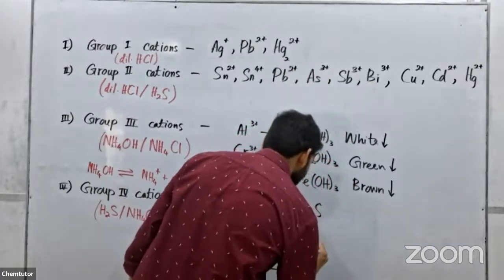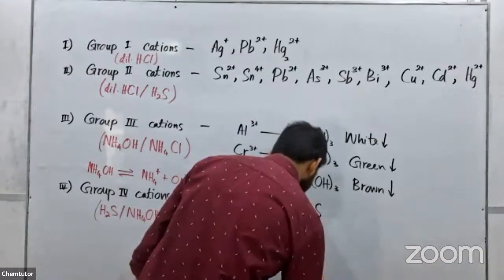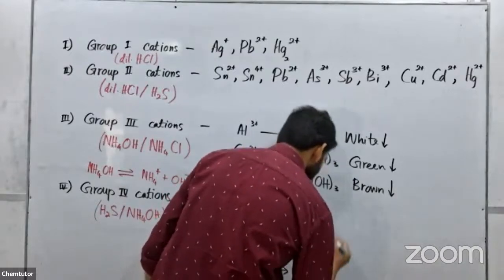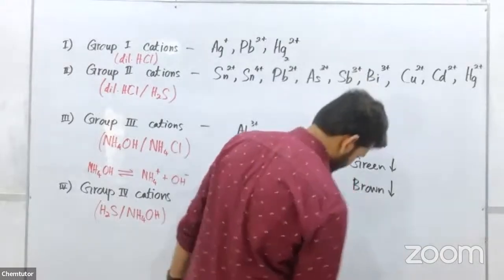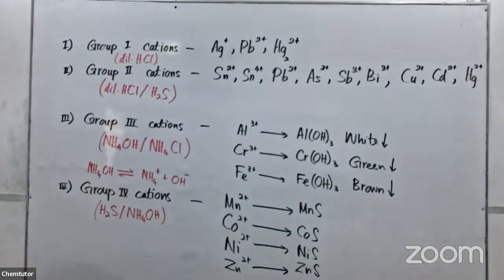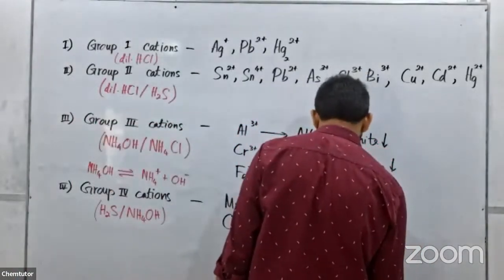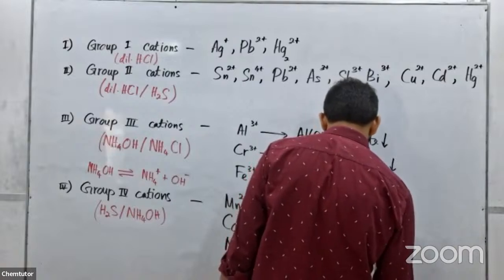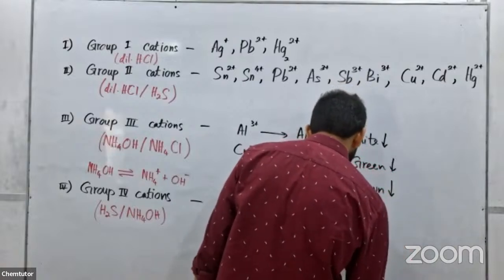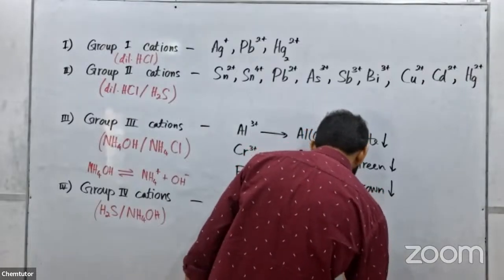Cobalt as cobalt sulfide. Nickel as nickel sulfide. Zinc as zinc sulfide. Right. Manganese sulfide is pink in color. Cobalt sulfide is black. Nickel sulfide too is black.